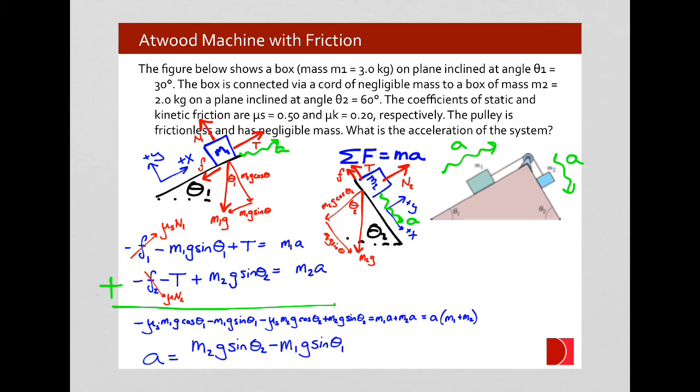And what we're seeing here is that the gravitational force acting on M2, the heavier block, has to be strong enough to pull the other block up and to break the force of friction between both blocks and the surface. And we'll see if that is possible.